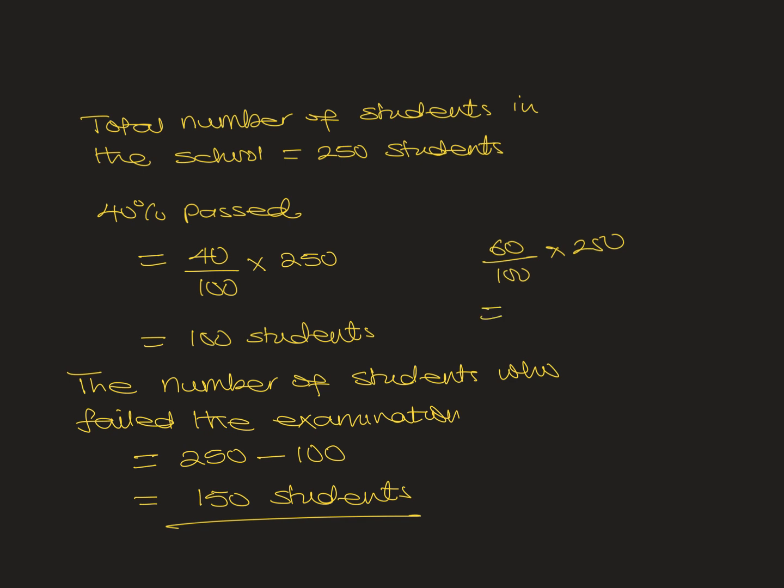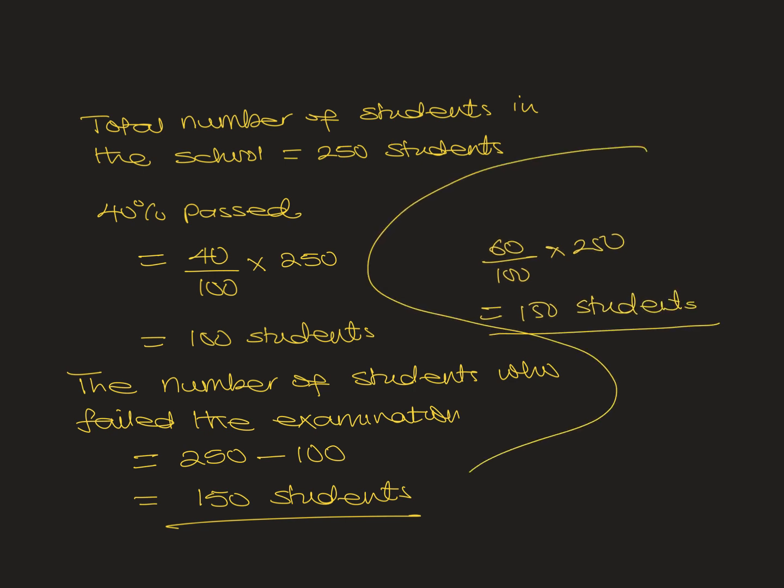You will have 150 students. So you see, any of the methods will work out. If 40% have passed, which means 60% have failed, so if you find that percentage, you will still come to the same answer.